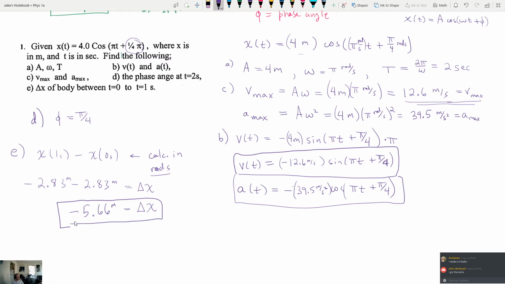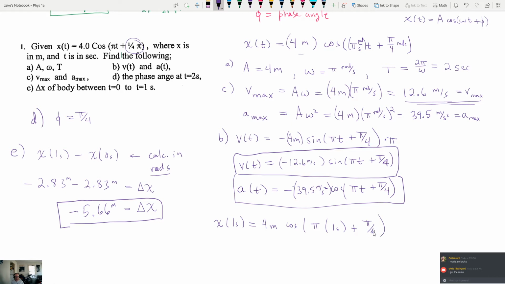Professor, I'm so confused about the calculations because I have it in radian mode still. Well, you now know what the right answer is. You can see the value of what x of 1 is and x of 0 is, so try it again until you get the right answer. Okay? I'm just confused on how you got those numbers. So x of 1 seconds, just to write out what it would be, 4 meters times the cosine of pi multiplied by 1 second plus pi over 4.